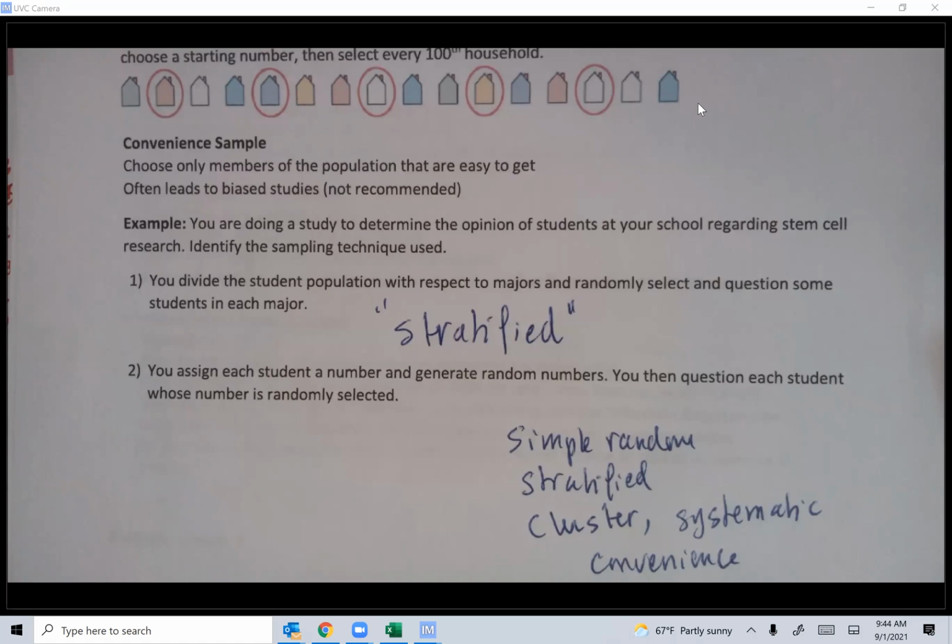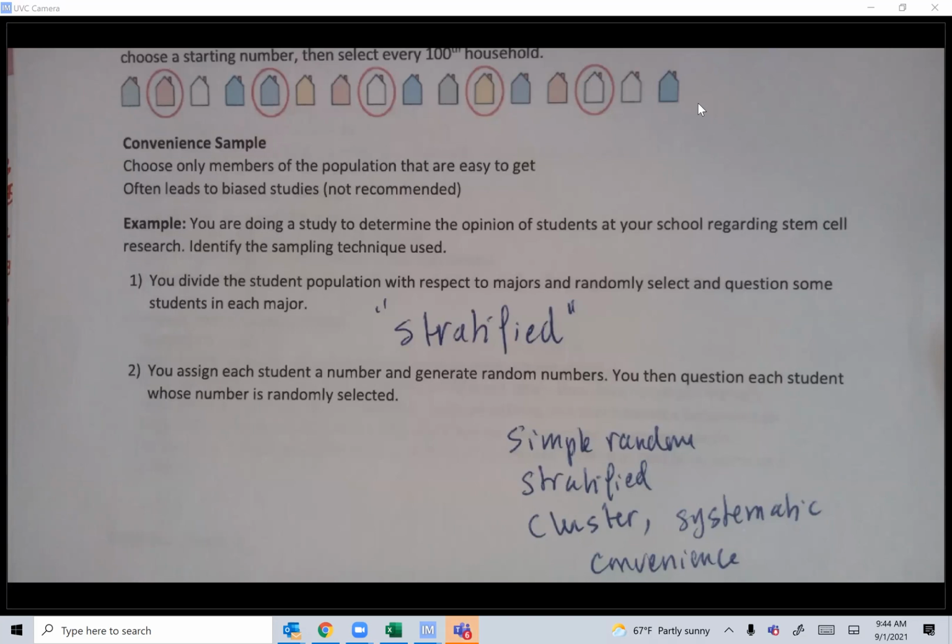You assign each student a number and generate random numbers. You can generate numbers using the calculator. So you then question each student whose number is randomly selected. What do you guys think? That's systematic. I thought the students were going to say systematic, but I didn't create a system.